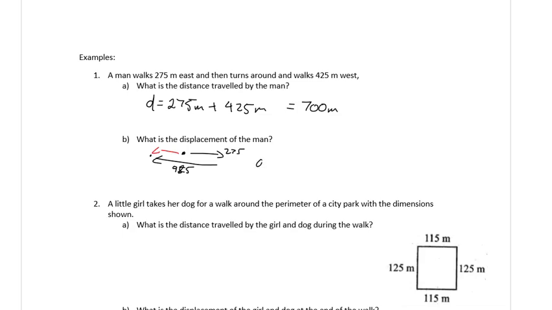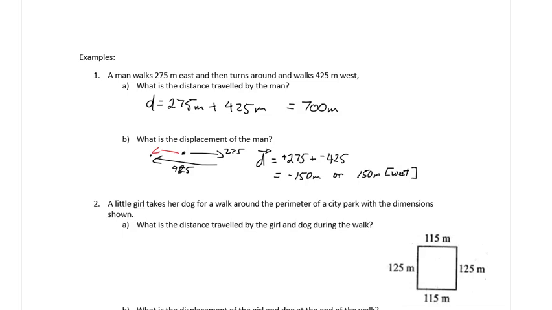We can write that out with a displacement of plus 275, and we're adding to that negative 425. The negative because it's going west. Our answer here winds up being negative 150 meters, which we could also write as 150 meters [west], putting the direction in square brackets after the magnitude.